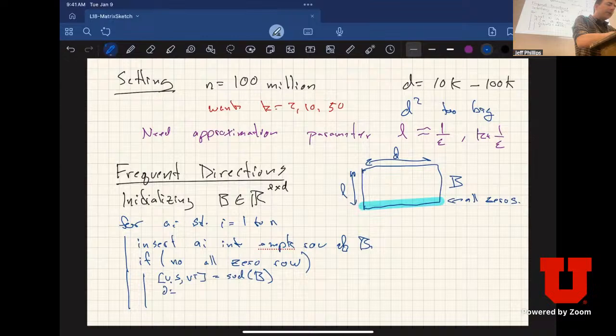I'm going to let delta equal sigma_L squared, the squared value of the last singular value.